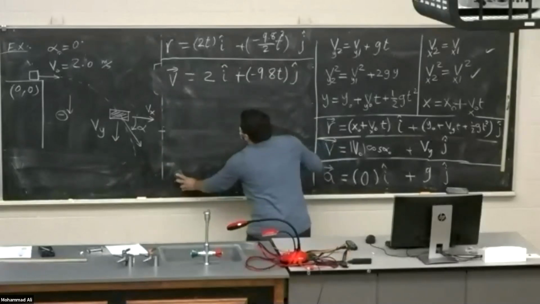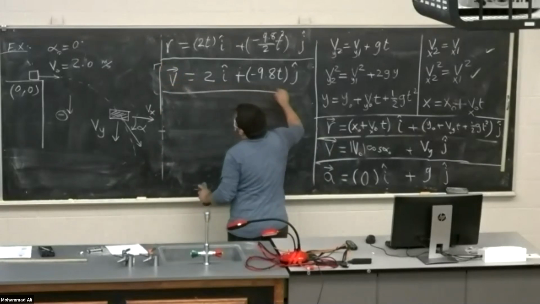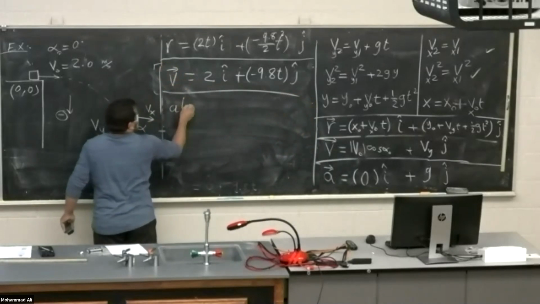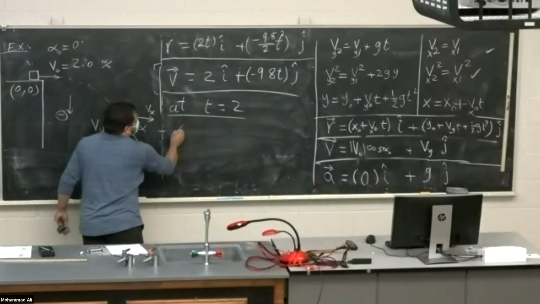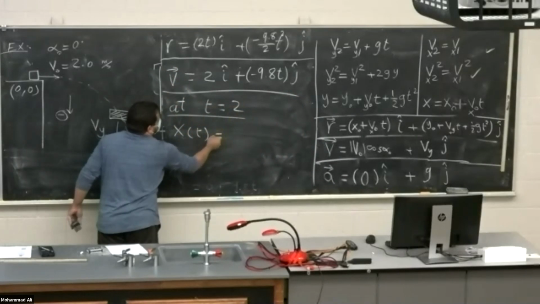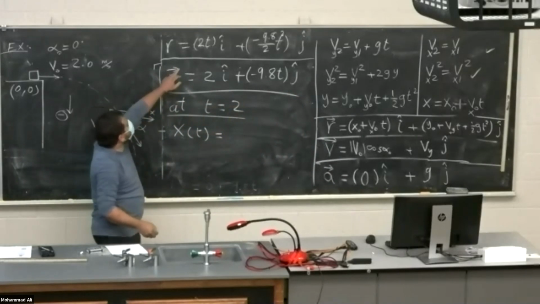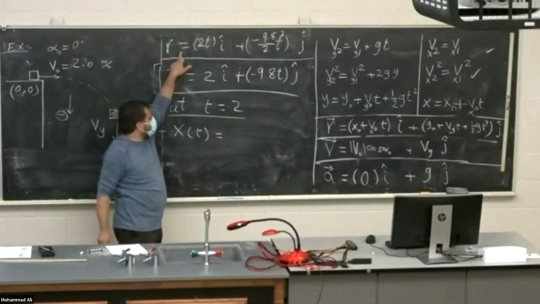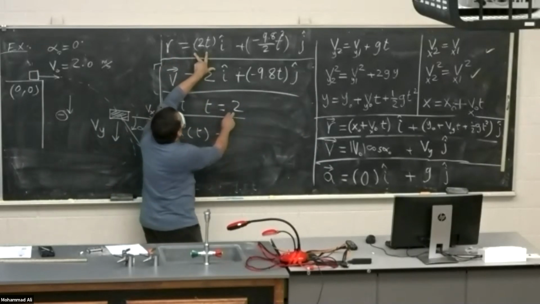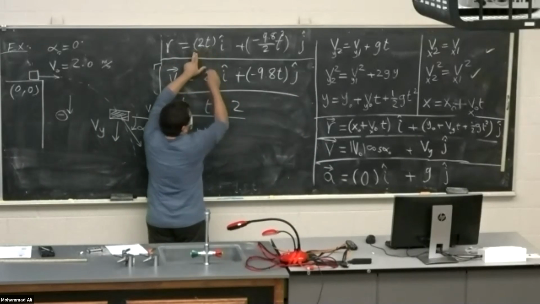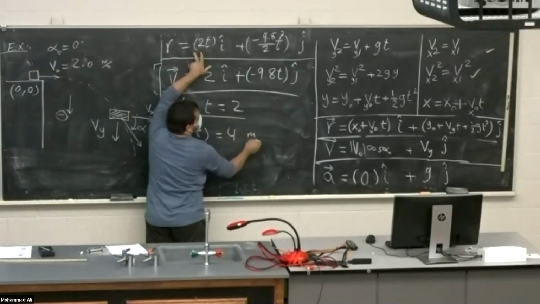And we know the acceleration. If I ask you at t equal to 2, what is x of 2? You need to choose the position vector. X, I need to use this part. T is equal to 2. 2 multiplied by 2, it is 4 meters.